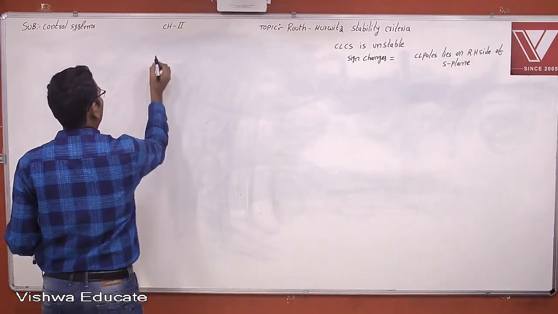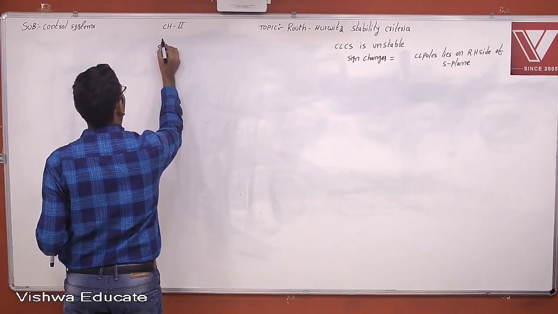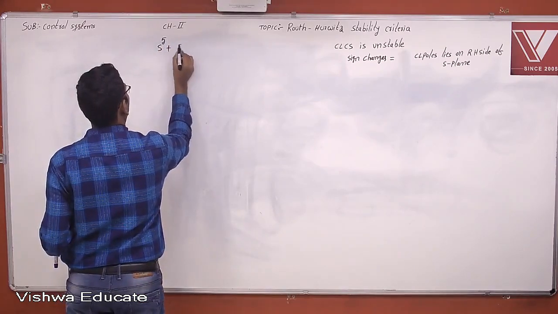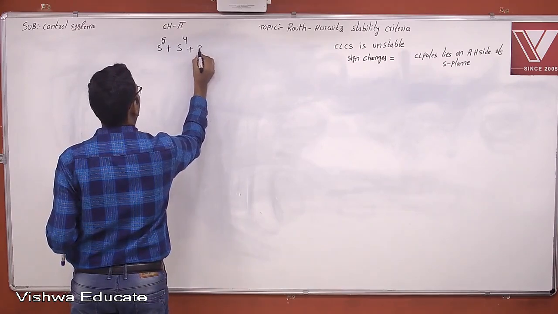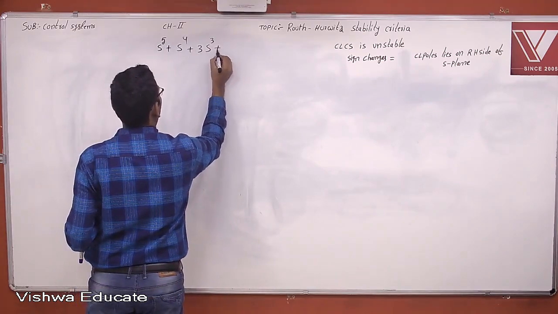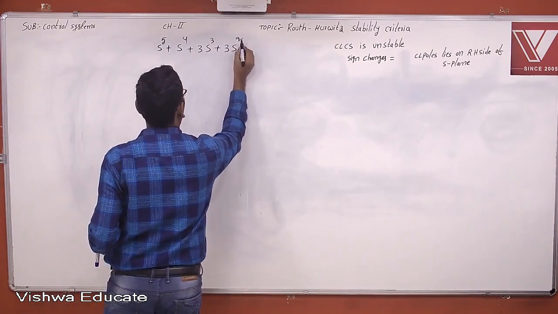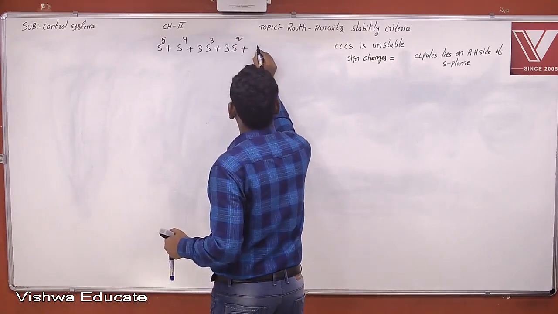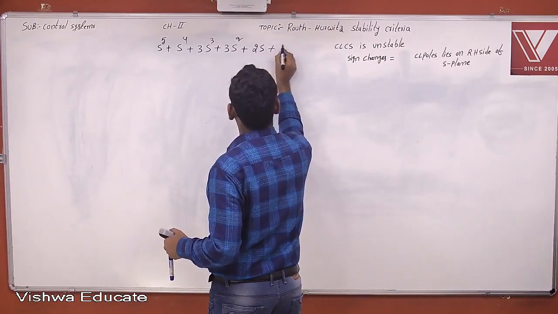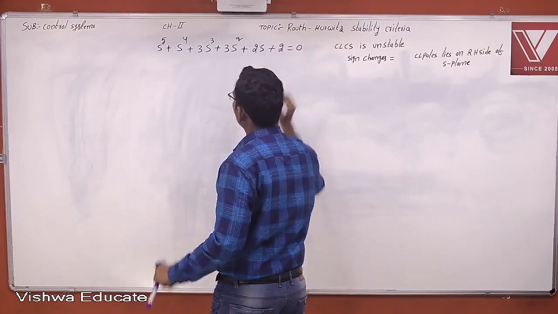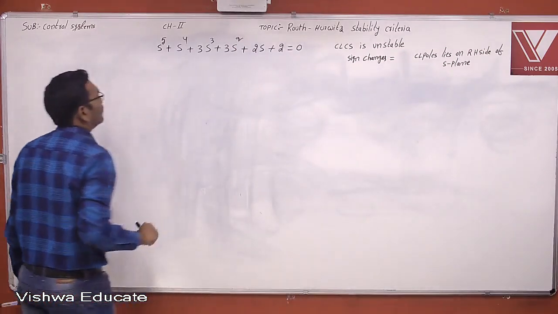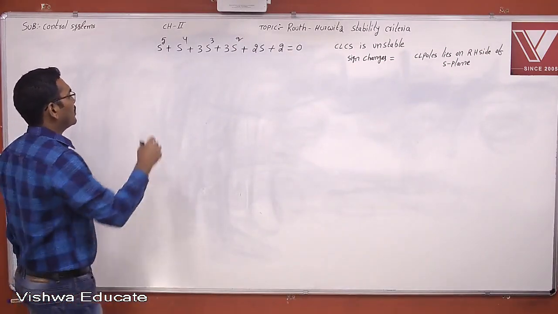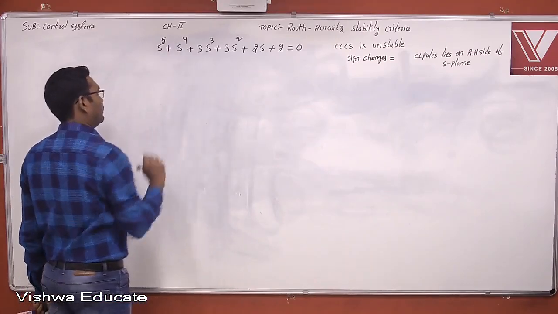Now this is the characteristic equation. This is the characteristic equation of order 5.